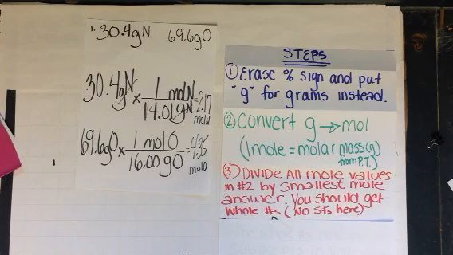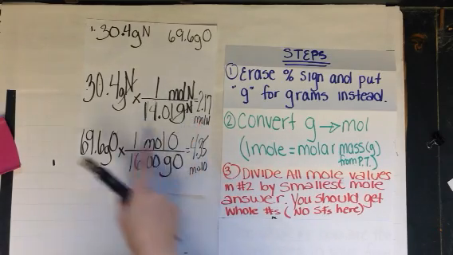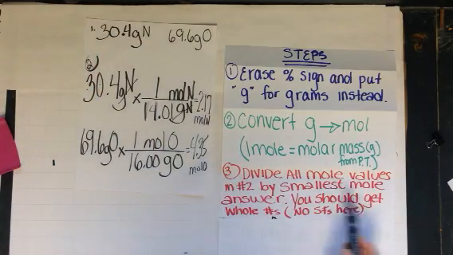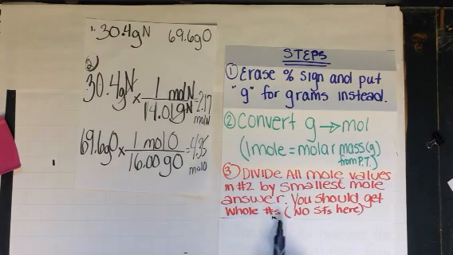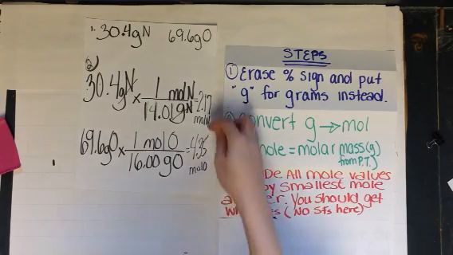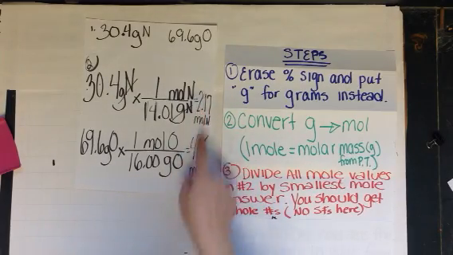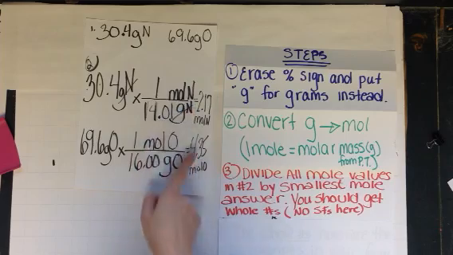What's step 3? Step 3 says that I need to divide all mole values from step 2 by the smallest mole answer. You should get whole numbers, and you don't have to do sig figs here. So I look at these 2 mole values, and I want to divide both by the smaller one.